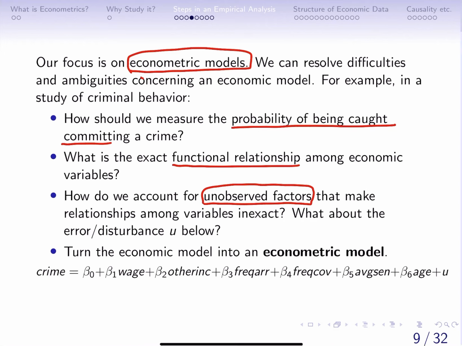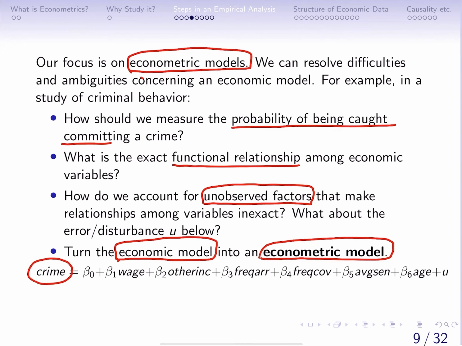Okay, so let's turn the economic model that you all might have written down into an econometric model. So let's think about some of the factors that might guide how much time a person spends on illegal activity. On the left-hand side is our dependent variable, crime, and this is measured as maybe hours spent on illegal or criminal activities.